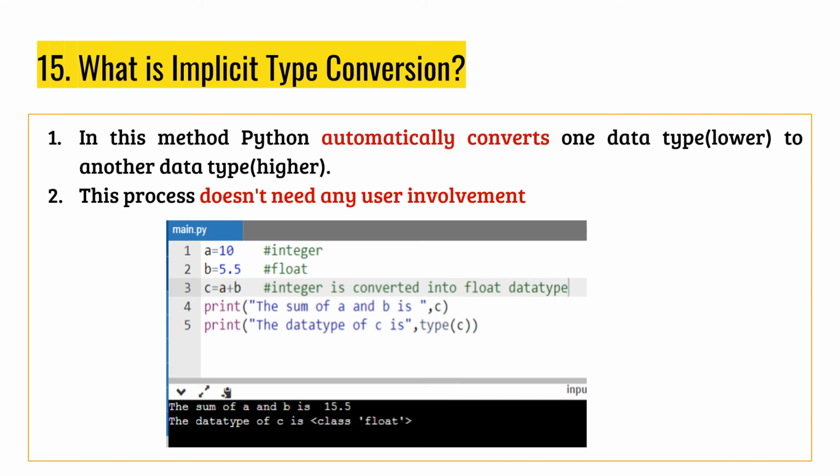Python doesn't want to do that, so it upgrades A to 10.0, adds 5.5 to that, and it becomes 15.5. So the type of C becomes float. That you can see in the next line, where I print the data type of C by calling the type function and sending C as the argument. You can also check it for A and B there.